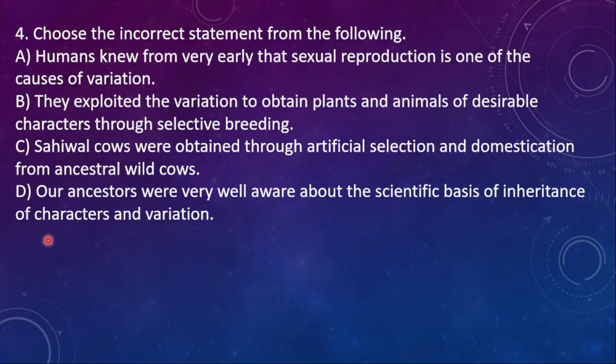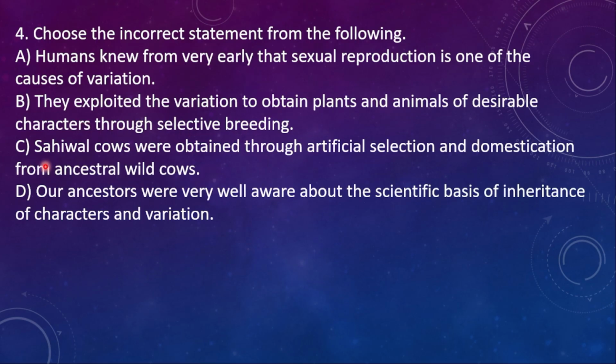Next question. Choose the incorrect statement from the following. A. Humans knew from very early that sexual reproduction is one of the causes of variation. B. They exploited the variations to obtain plants and animals of desirable characters through selective breeding.